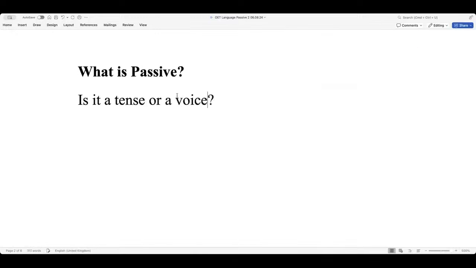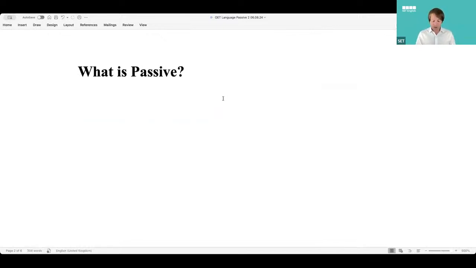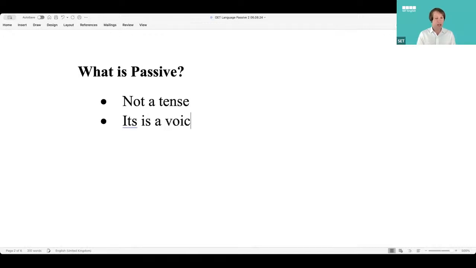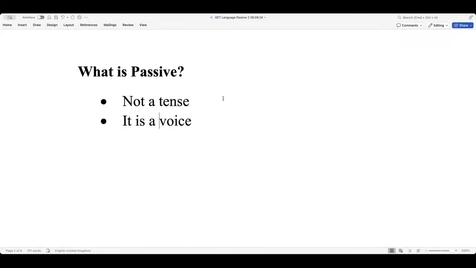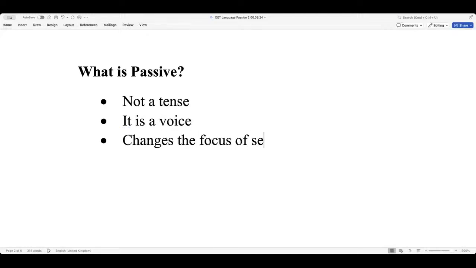Voice. Passive is a voice that changes the focus. It's a voice, okay? Guys, what is passive? Not a tense, right? It is a voice. And you said it changes the focus of the sentence.